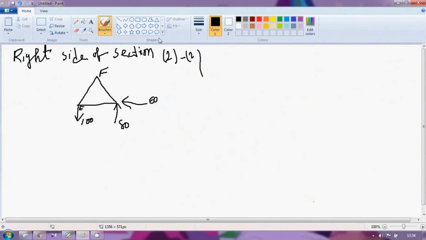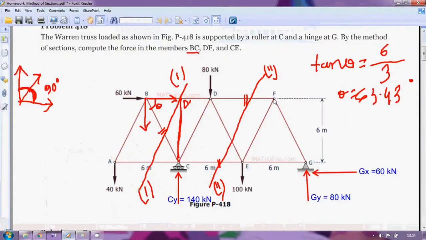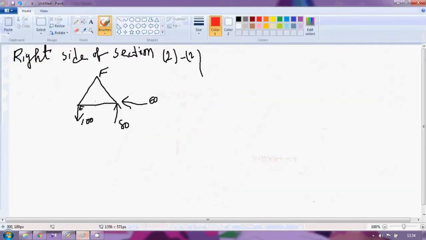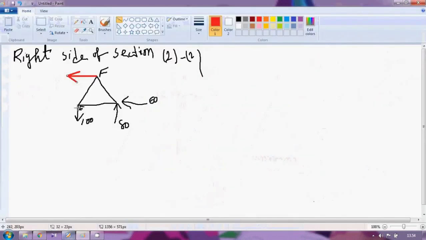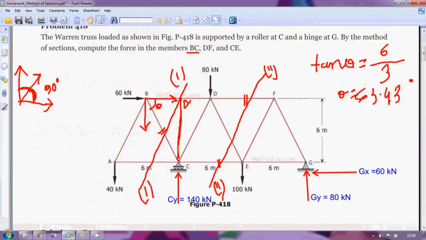So now what forces will come? If we look, we can see that this member force FDF will come. We will assume it as tension. Then this force FCE, and another force FDE.